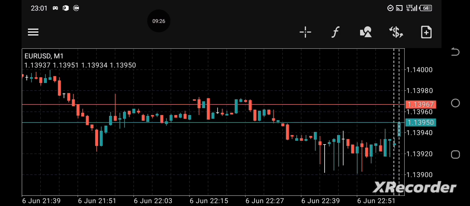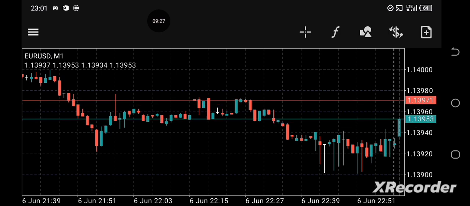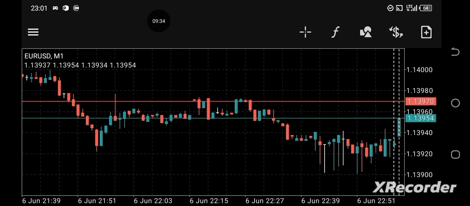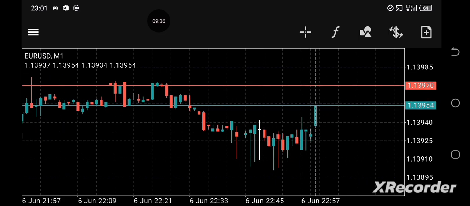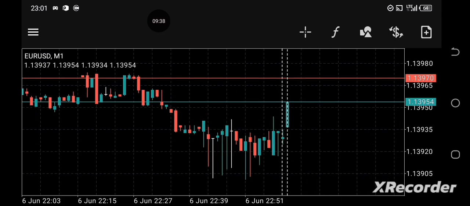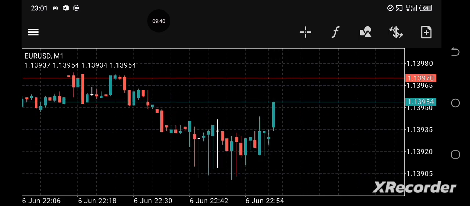You can see the market has just opened. This is 23:01. If you look at the timing that I told you about, the market opened exactly at the same time I told you. You can see the market just opened for the new week.